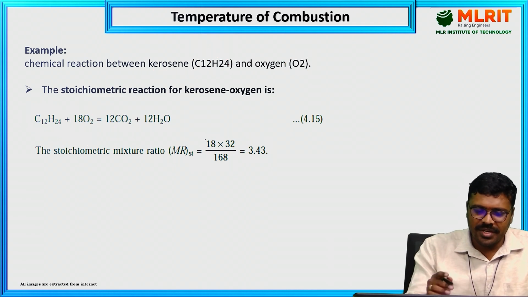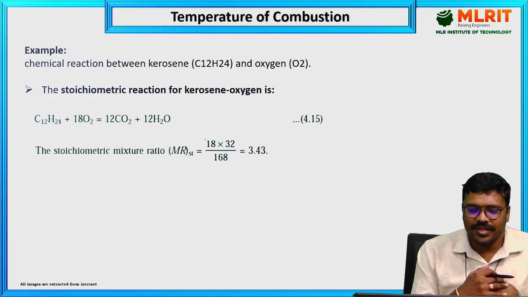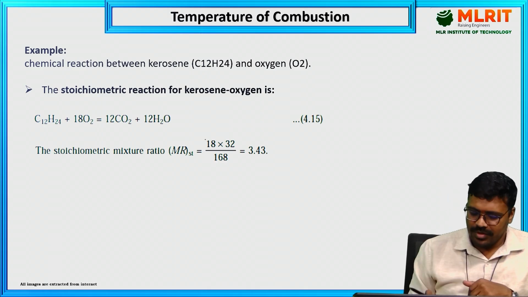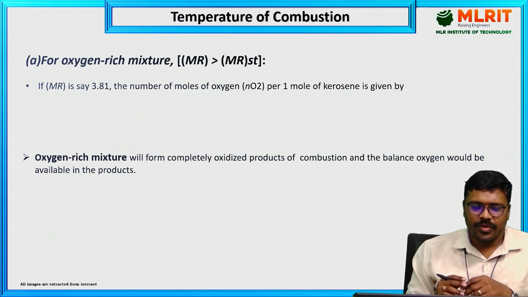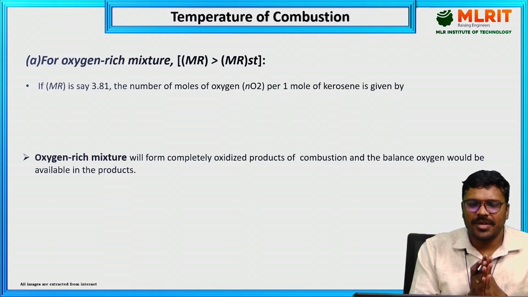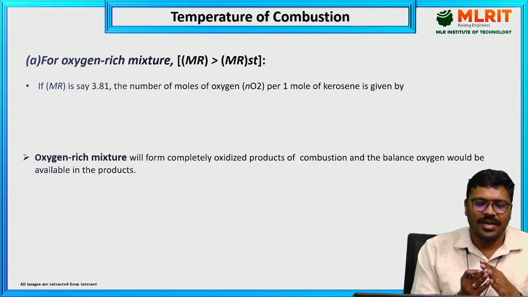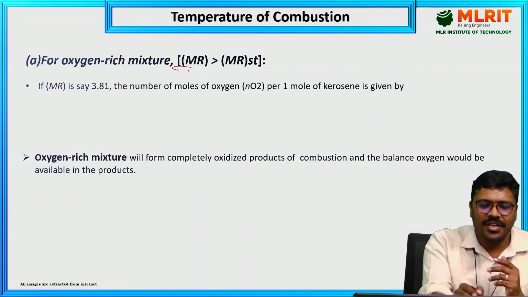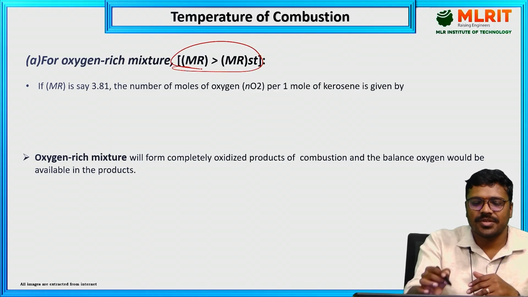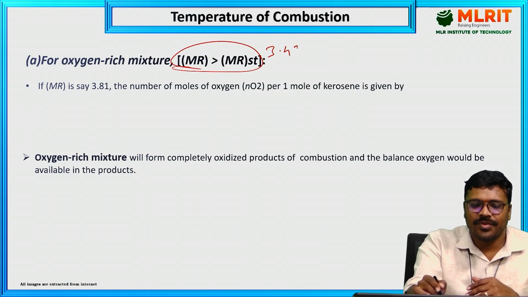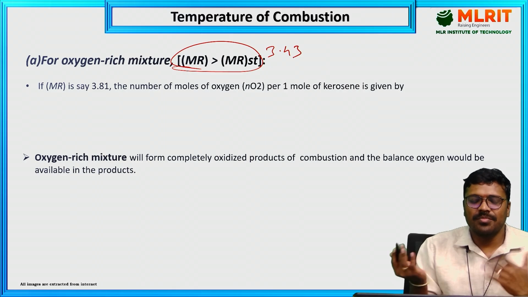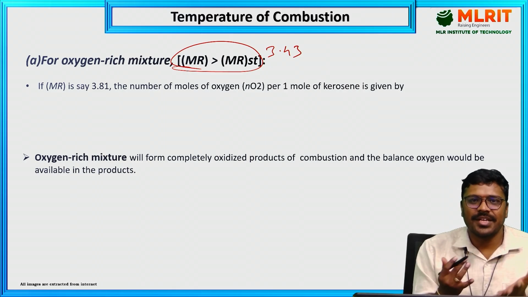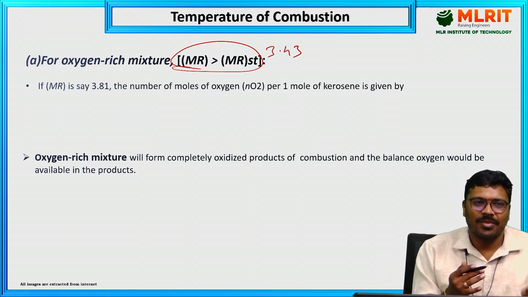If the mixture ratio is less than stoichiometric, then it is fuel rich. What we are taking here is a mixture ratio greater than the stoichiometric mixture ratio of 3.43, so let us assume some random mixture ratio greater than 3.43, and it will automatically be oxidizer rich.